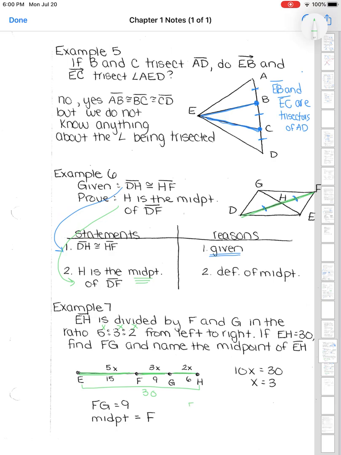So I'm going to add X, X, and X. In order, EF is 5X, 3X goes to FG, and then GH gets the 2X. And then the whole thing adds up to 30. So we have 5X plus 3X plus 2X equals 30, which means 10X equals 30, so X is 3. And then what you do is you're going to take that and sub that in.